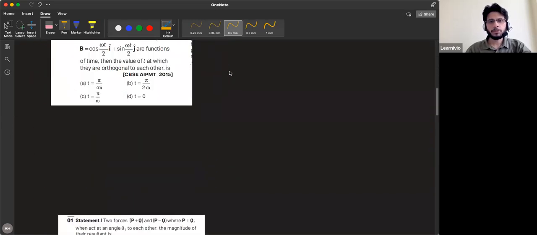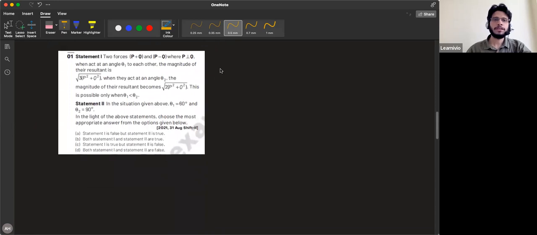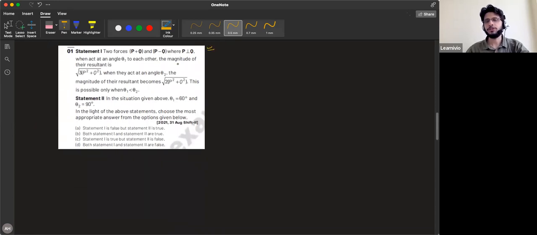Then take a similar question from the JEE exam. This is last year's JEE question. No need to write the question. Just read these questions carefully. Note down the given terms. We'll solve it together, but at least note down the given terms. I'm giving you 1 minute to read this question, to note down the given terms, and at least write the formula that you will use here.